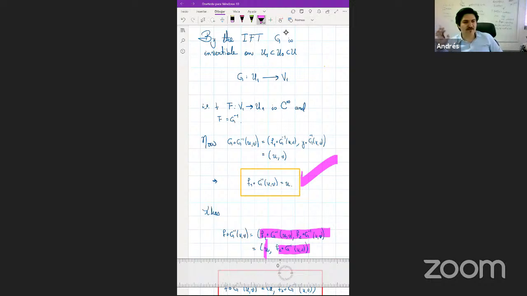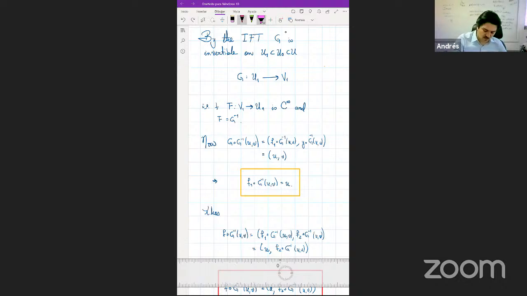We don't do anything whatsoever. So far so good. Look, I'm applying this function to u comma v, and I'm getting u and something else. So we are halfway there.